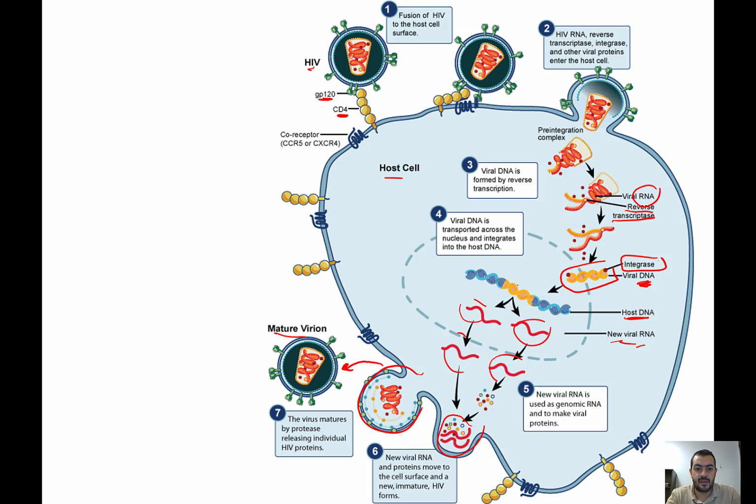And as you can see, many virions will come out to attack more and more host cells. As we said, this is a major immune player in our body, and because of that, immunity will drop dramatically, leading in most cases to death. So this, in summary, covers the whole process of the HIV and how the pathogenesis is caused by this virus.